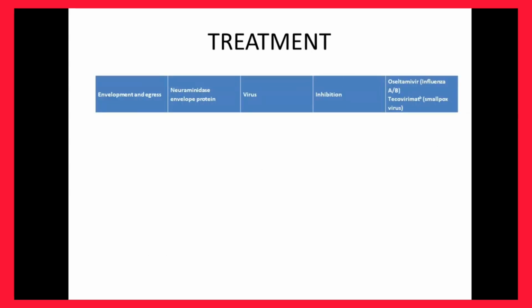The treatment you can think of, when you are looking at the envelope itself, the only one that attacks the envelope is this one, the drug oseltamivir and tecovirimat. This is for smallpox as well. So you can understand that not much of these anti-envelope treatments or drugs are available.